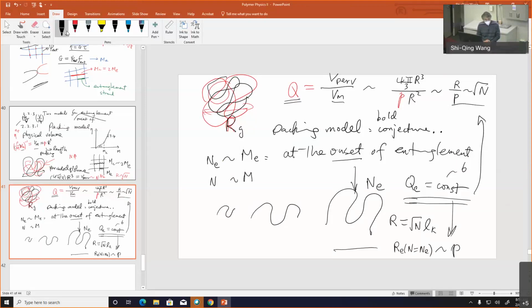Because R over p by this conjecture is argued to be a constant. So this end-to-end distance for different chains is different.